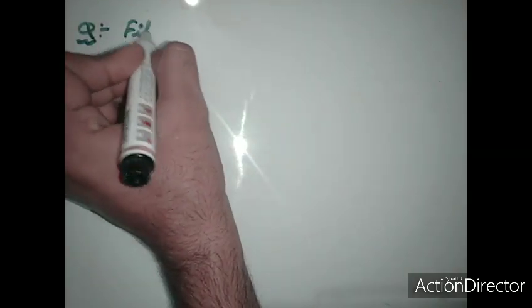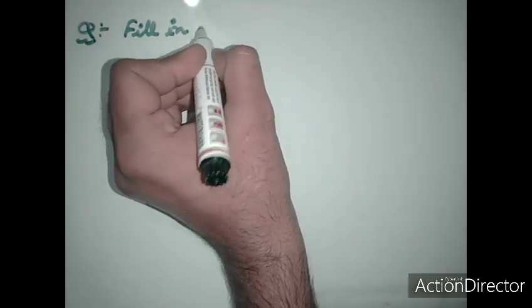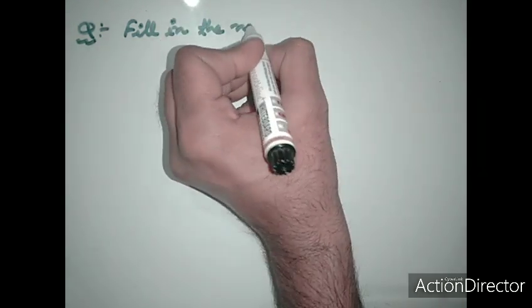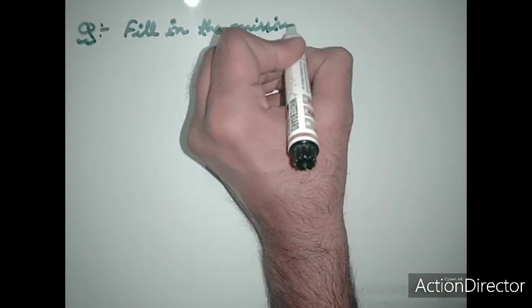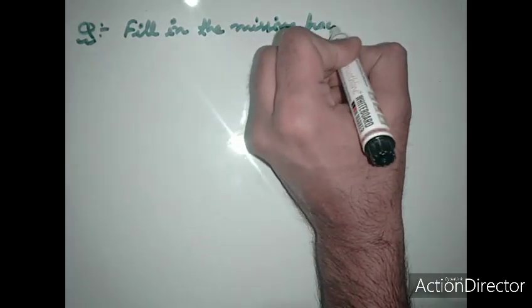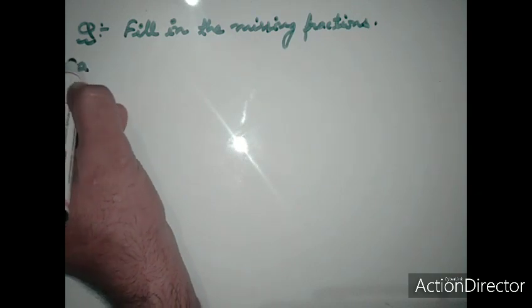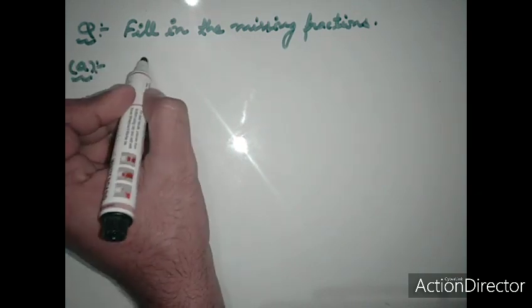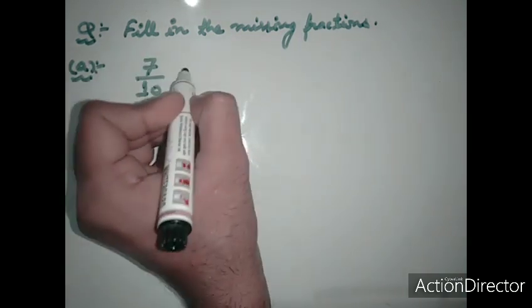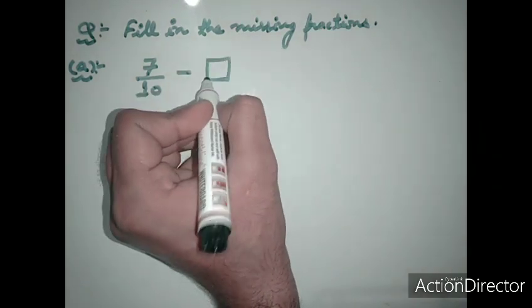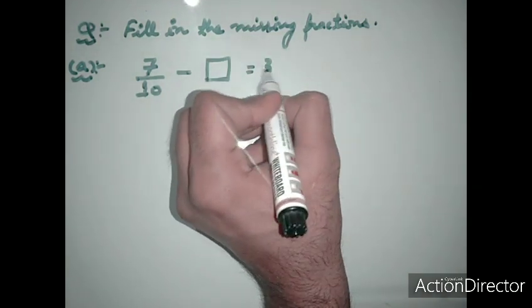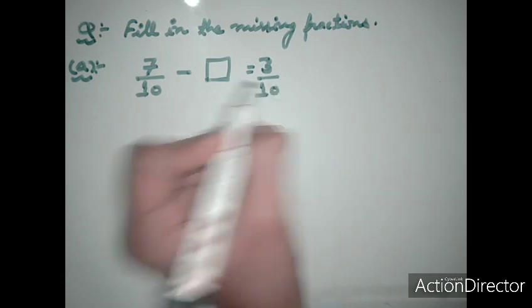Now students, here we solve question number 4, and question number 4 is fill in the missing fraction. Here we solve the first part of this question, 7 upon 10 minus a blank box is given here, equals 3 upon 10.